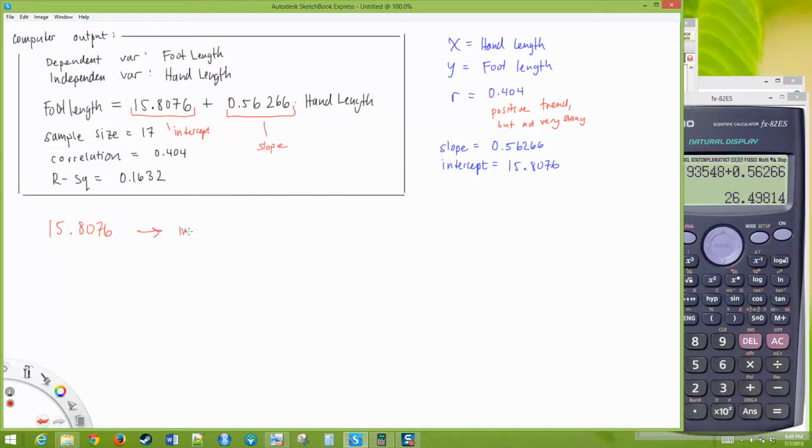The intercept is the prediction for y if x can be equal to 0. Okay? X cannot always be equal to 0, or it might not make sense to have x equal to 0. But if x can be equal to 0, that's what we would predict y to be.